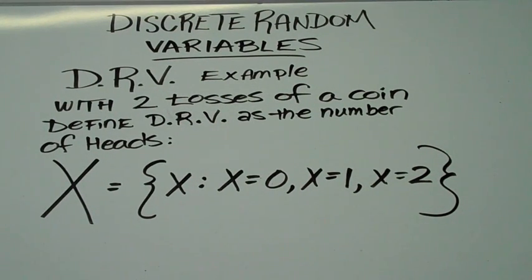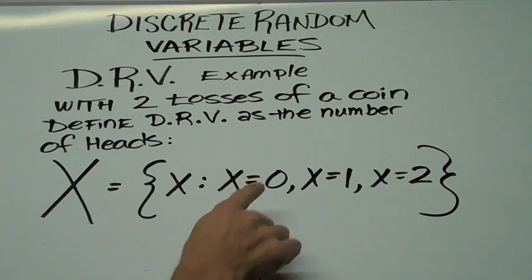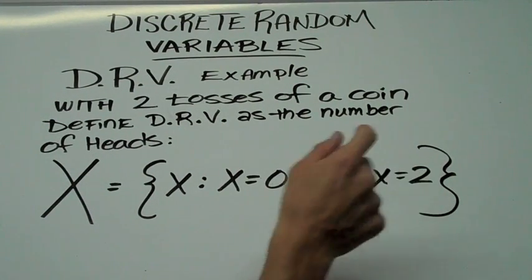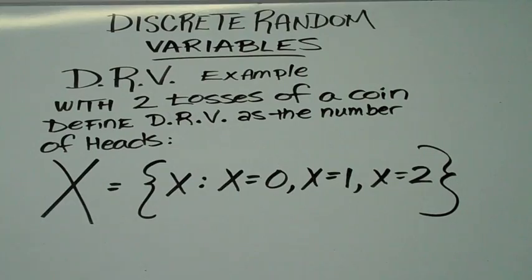The discrete random variable produces a countable number of outcomes. The DRV is associated with the counting process. So if you flip a coin twice, we can count the number of heads you can have. If it goes tails, tails, you have 0 heads. If it goes heads, tails, or tails, heads, you get 1 head. If you go heads, heads, it gives you 2 heads. So this is the process of defining a discrete random variable.